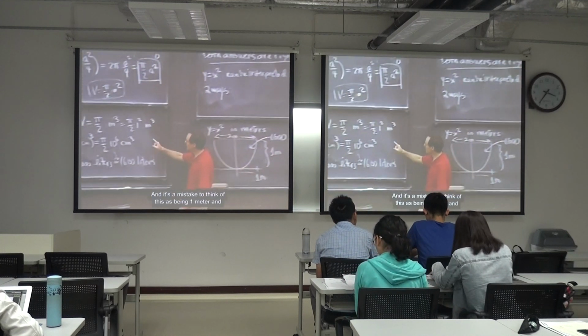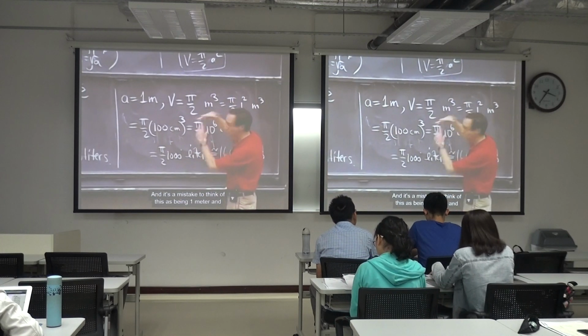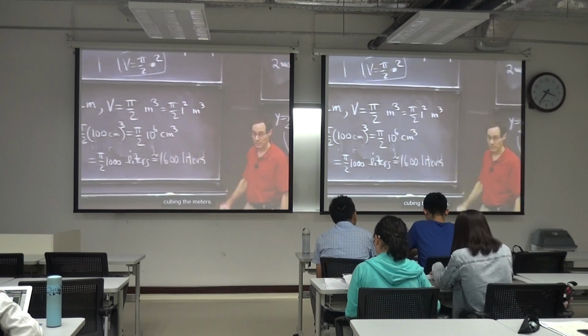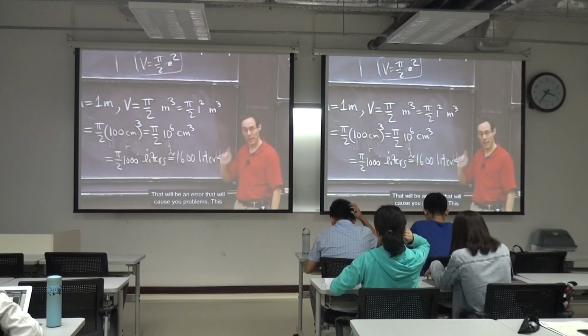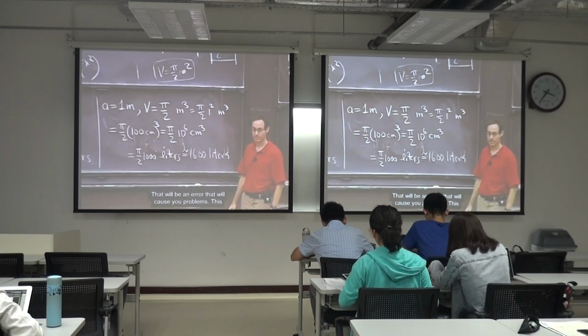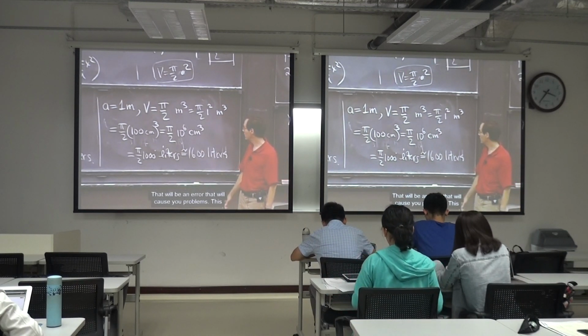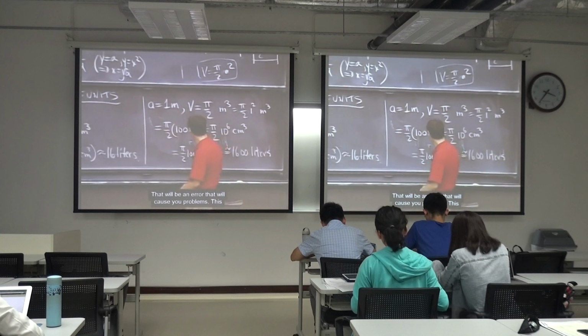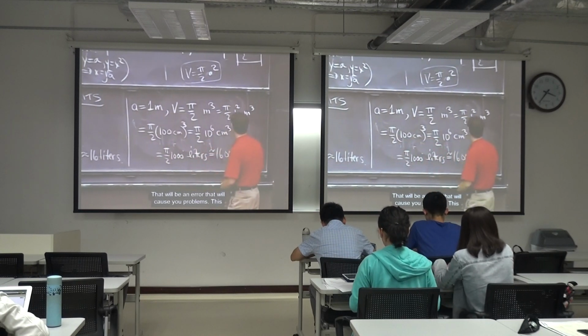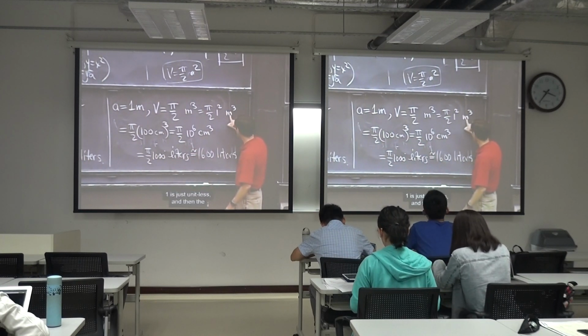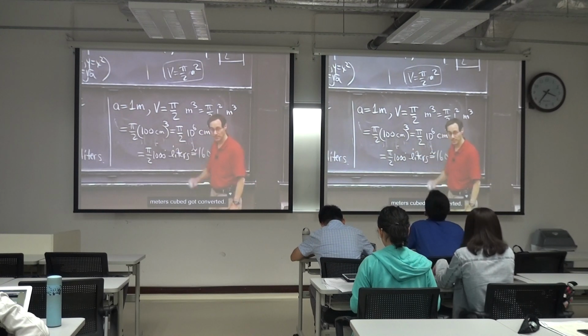And it's a mistake to think of this as being 1 meter and cubing the meters. Right? That will be an error. That will cause you problems. This 1 is just unitless, and then meters cubed got converted.